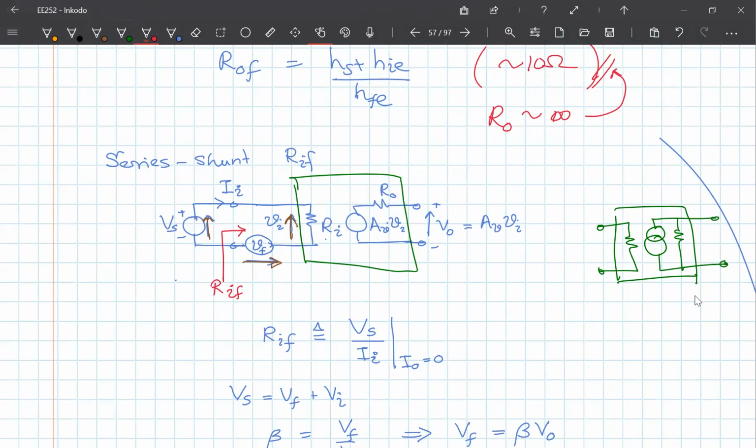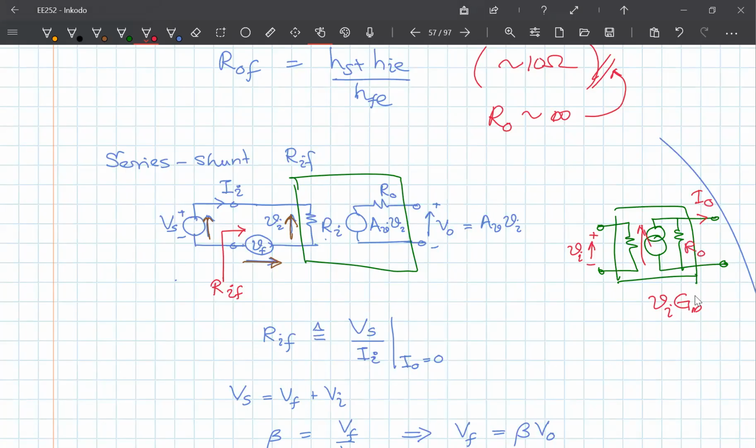So the output current I out will be V in times Gm. This is the source current of the output, and this will be the R out.